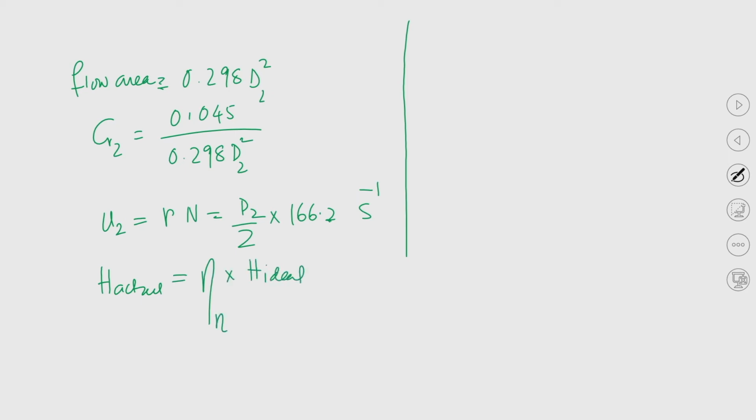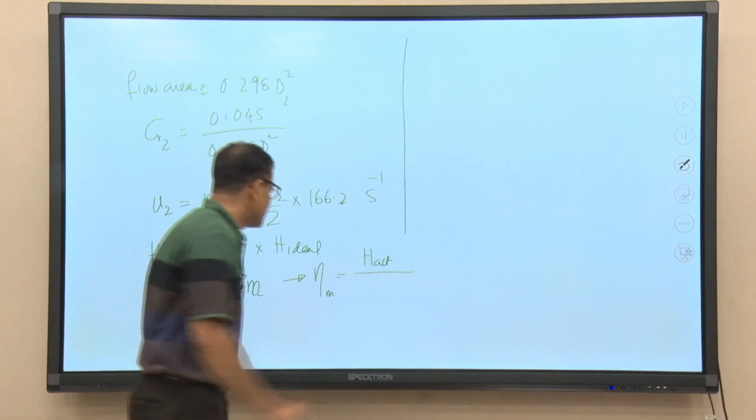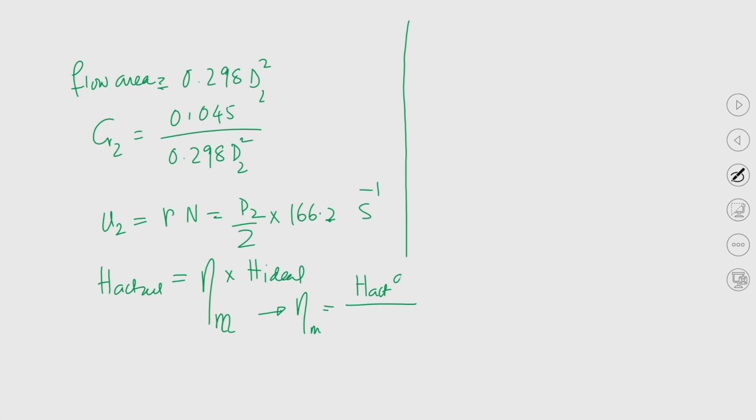So, manometric efficiency equal to H actual by H ideal. What is H ideal? Using the Euler equation, for the case where there is no swirl at the inlet, it is u2 c theta 2 by g.